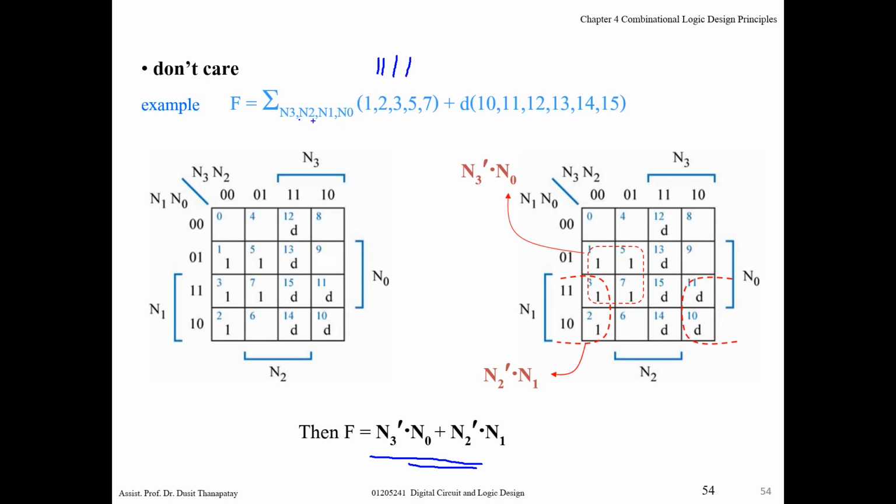N3 is 1, N2 is 1, N1 is 1, N0 is 1. When I apply this value into this equation, the result is... Why? Why 1?